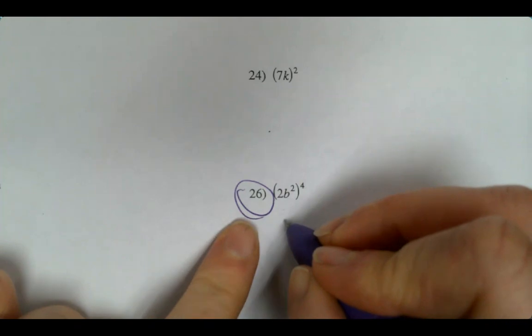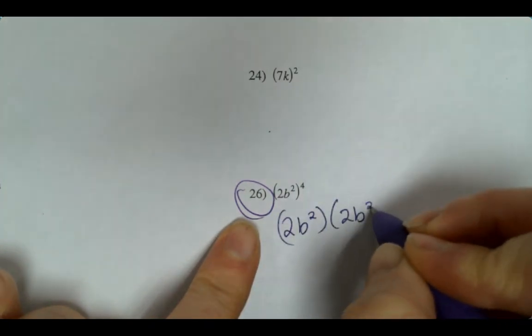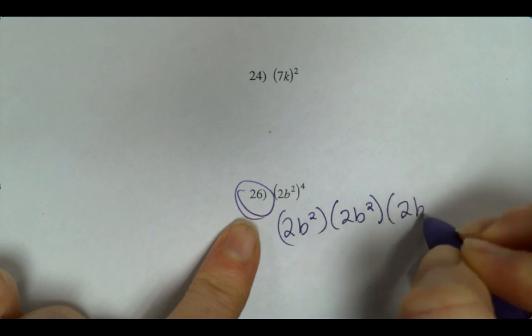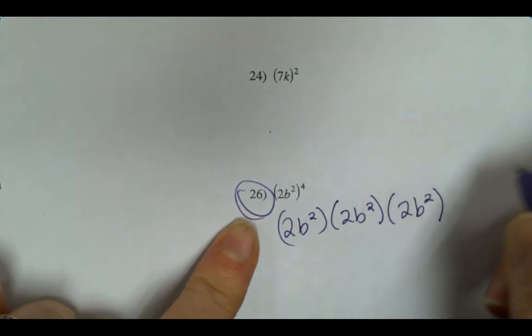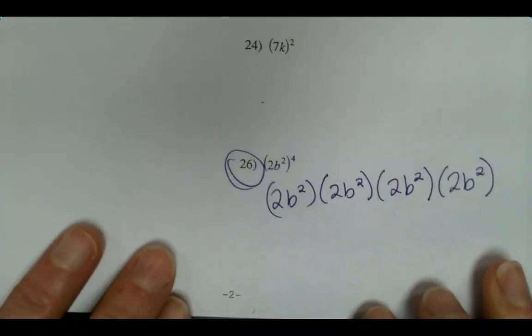I did 2b squared 4 times. So there's 4 times.